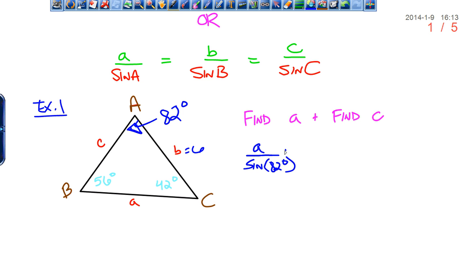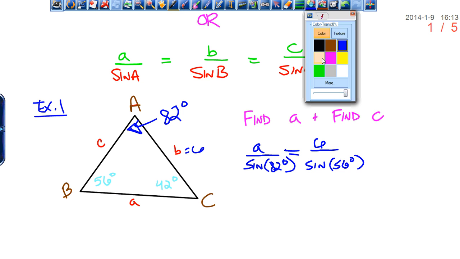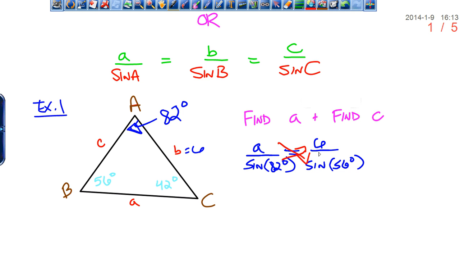And then that's going to equal, I'll go ahead and use B because I'm given B, so 6 over sine of 56 degrees. Okay, so then we're going to do our little cross multiplying, do all that fun stuff. I get A times sine of 56 degrees equals 6 times sine of 82 degrees.